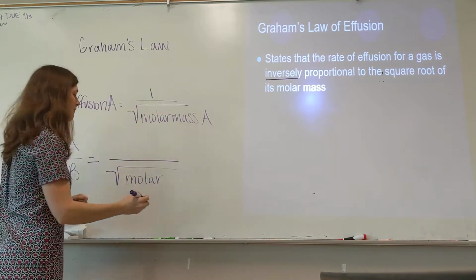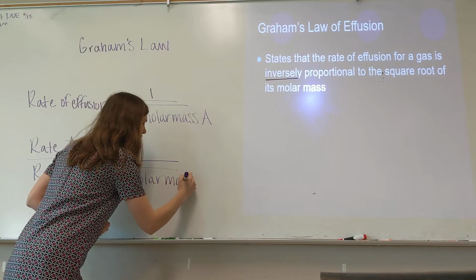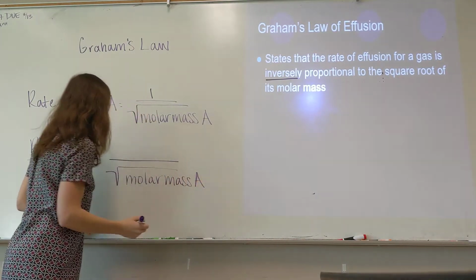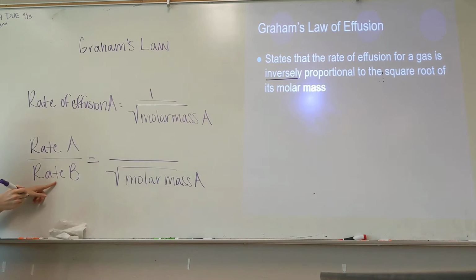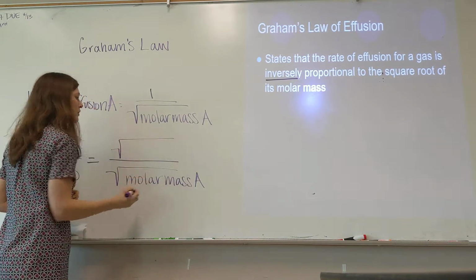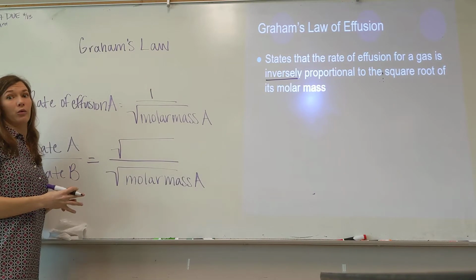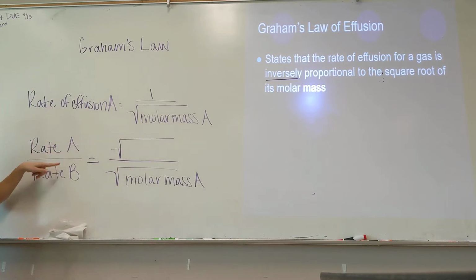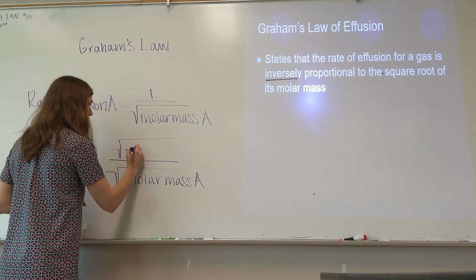Again, because it's inverse. And since the rate of B is on the bottom, it's going to go on the top. So this would give you a ratio of the rate of A to the rate of B.